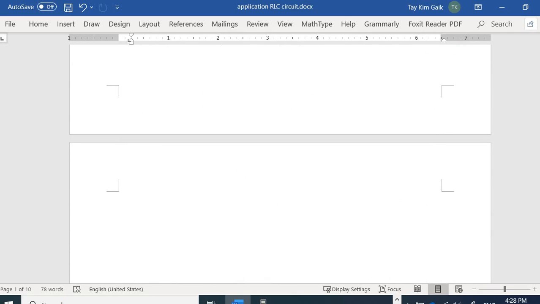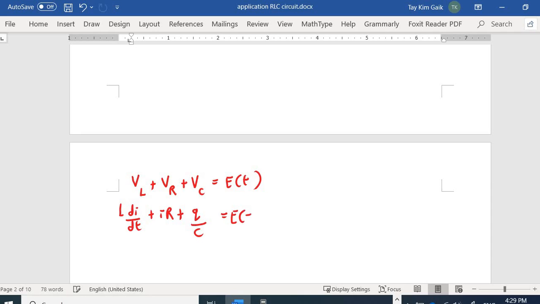Again, for the same RLC circuit, we have V_L plus V_R plus V_C equal to E(t). If we want to solve in terms of charge Q, V_C is Q over C. So V_L is L dI/dt, V_R is IR, V_C is Q over C, equal to E(t).